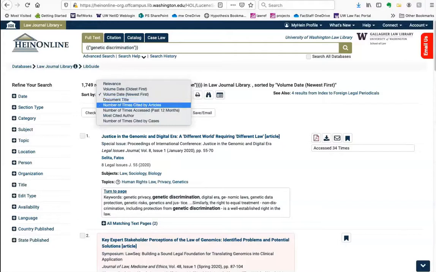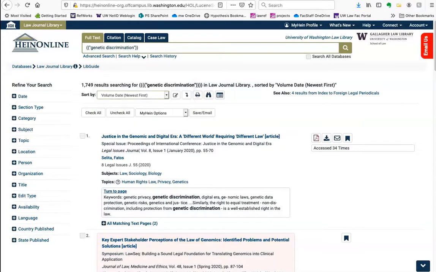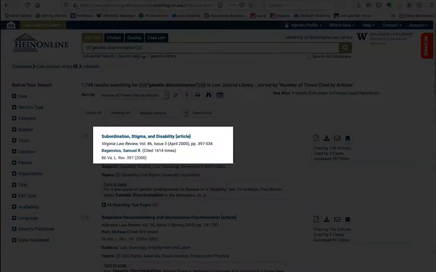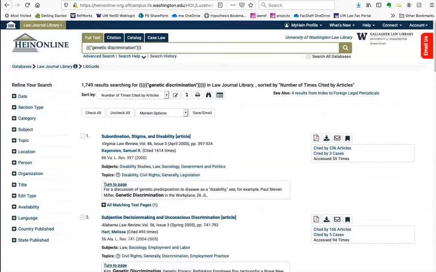Another thing you can do is sort by the number of times other articles have cited an article. And now the top one is Subordination, Stigma, and Disability. So we can play around with these different sorts to help us spot articles that might be particularly interesting.